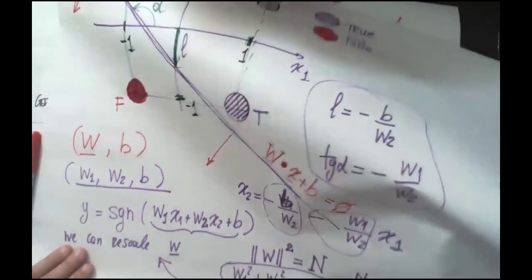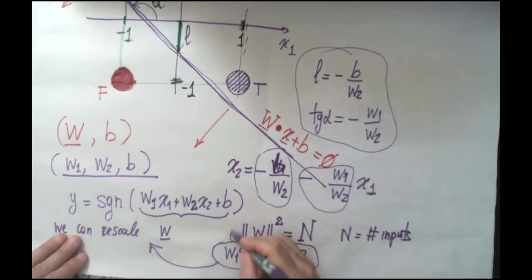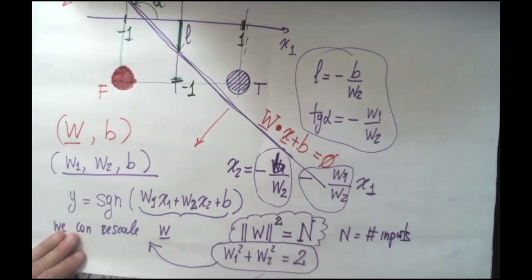Okay? The reason for this particular scaling will be clear later on when we study the Hopfield network. Usually it is done in such a way that the energy associated to the network is linearly proportional to the number of inputs.